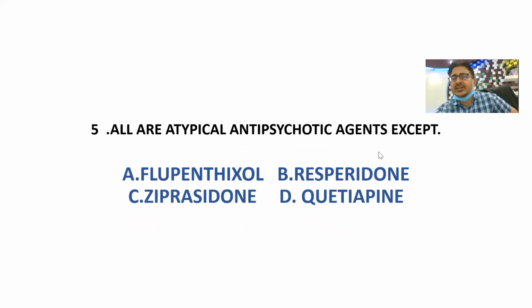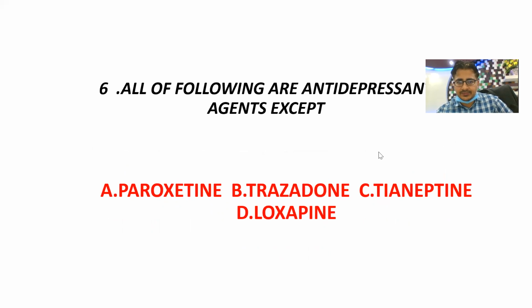From pharmacology psychiatry, all are atypical antipsychotic agents except: flupentixol, risperidone, ziprasidone, and quetiapine. Again, from psychiatric medicine, all of the following are antidepressant agents except: paroxetine, trazodone, tianeptine, and loxapine.